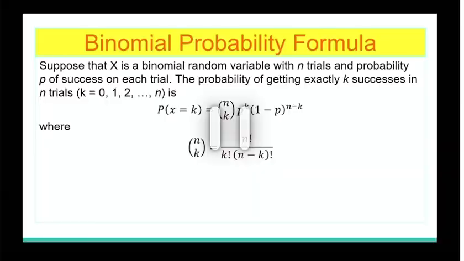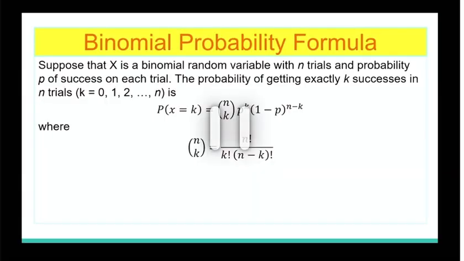Before I kickstart, I need to talk a little bit about the Bernoulli distribution before coming to binomial. Bernoulli distribution models a single trial with two possible outcomes, success or failure. Success has probability p, and failure has probability 1 minus p. There are many examples you can cite.